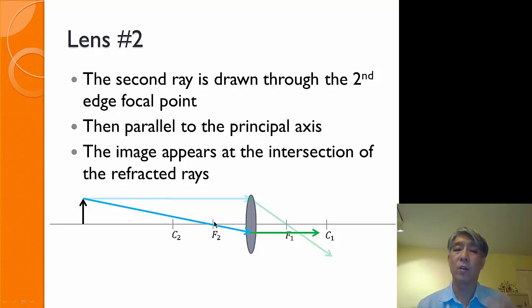So keep the two colors: the originating rays, and then the reflected or refracted rays in a second color. It's where the refracted rays intersect that determines where the image is going to be. In this case, our image is on the right. It's clearly smaller. It's on the observer side of the lens, so it's real, and it's inverted.